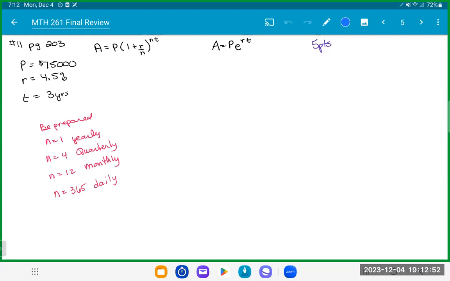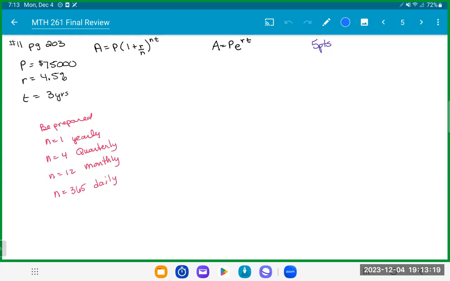So then what you need to do for this one, if I'm asking you to give me the value when we're looking at compounding it daily, then we're going to use n equal to 365.